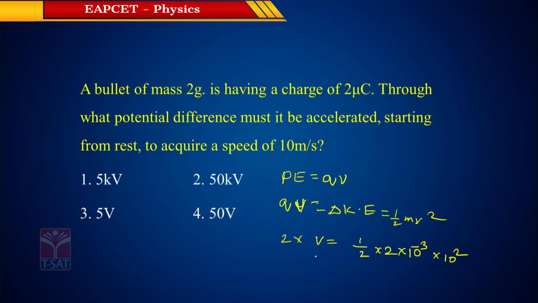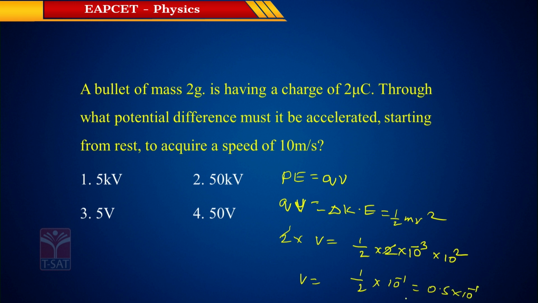This 2 gets cancelled, therefore that is 1 by 2 into 10 to the power 2 minus 3 minus 1. On simplification, 1 by 2 means 0.5 into 10 to the power minus 1.